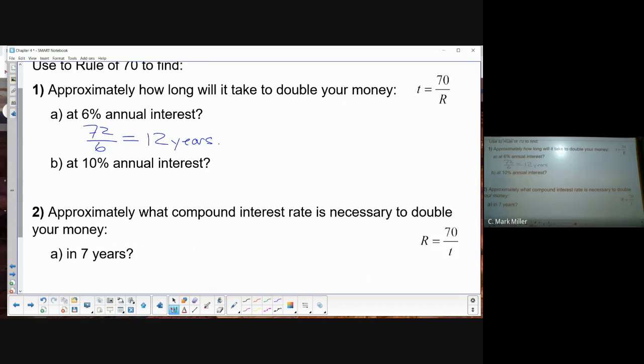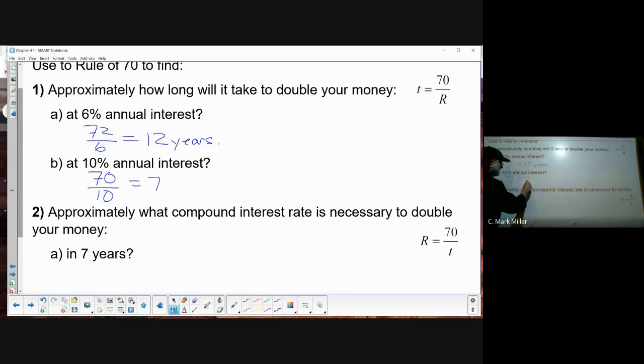Now, we saw earlier that compounding daily, monthly, yearly makes only a little bit of difference. Only a little bit of difference. At 10% annual interest, you pick the number into which this divides evenly, so 70 in this case, because 10 goes into 70 evenly.